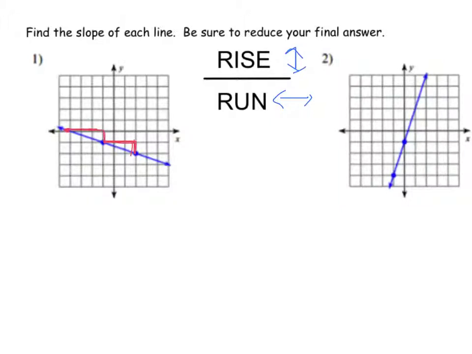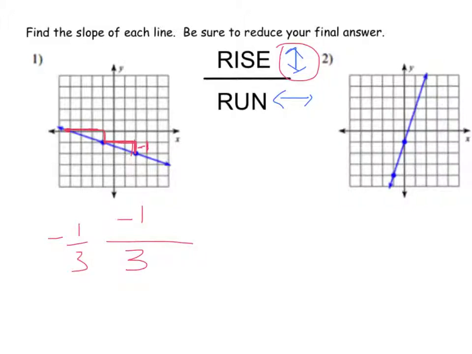Here, my rise, or my vertical change, was 1, but I was going downhill, so it was a -1. And my run, I went over 1, 2, 3, so my run was 3. So the slope of this line is -1/3.